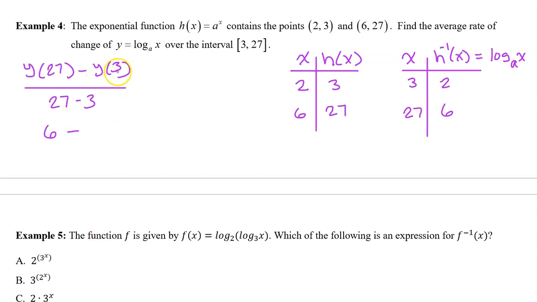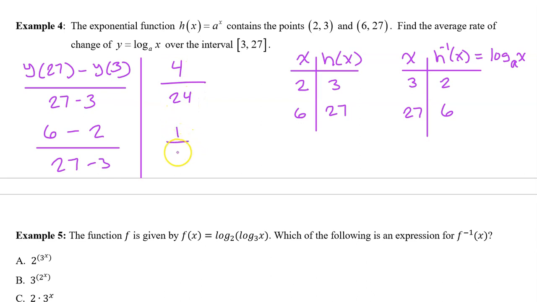Similarly, y at 3 is just h inverse at 3, which is 2. So we just have to simplify this. 6 minus 2 is 4, and 27 minus 3 is 24. 4 goes into 24 6 times, so the answer is 1 over 6.